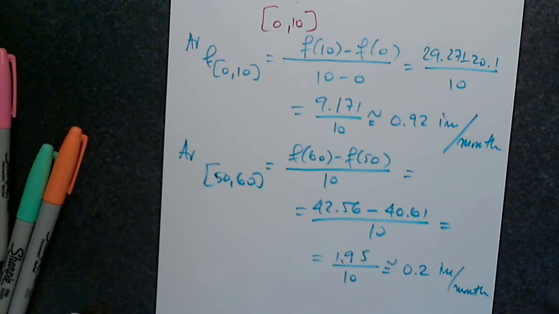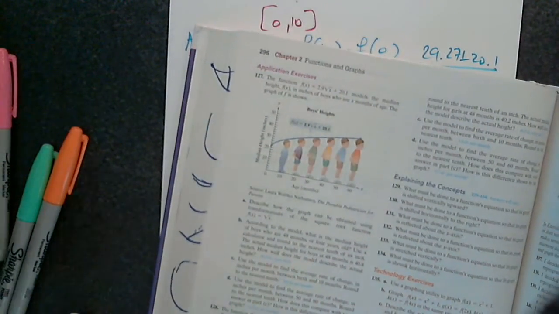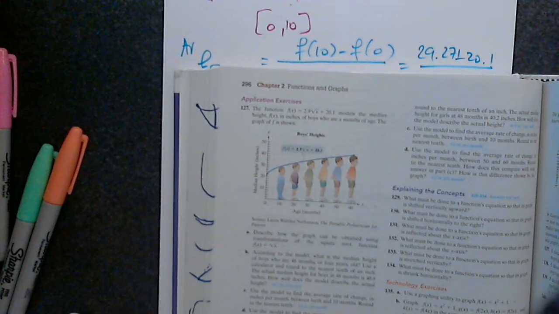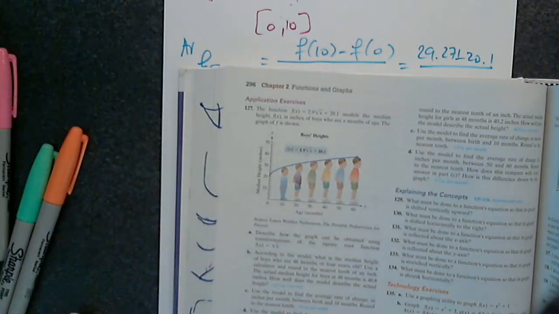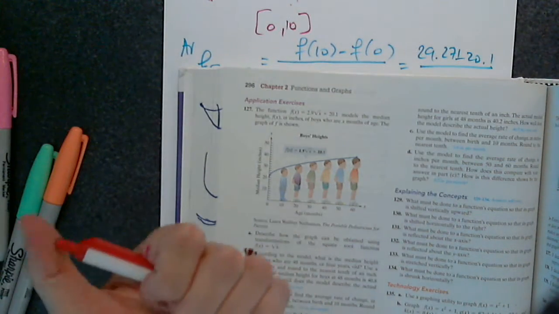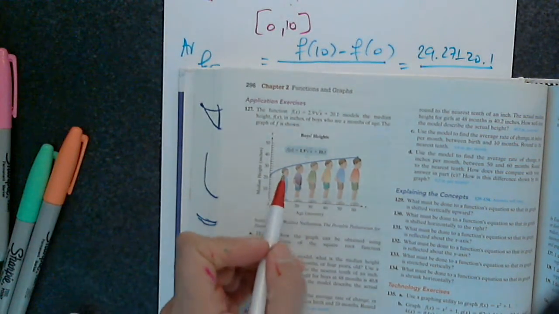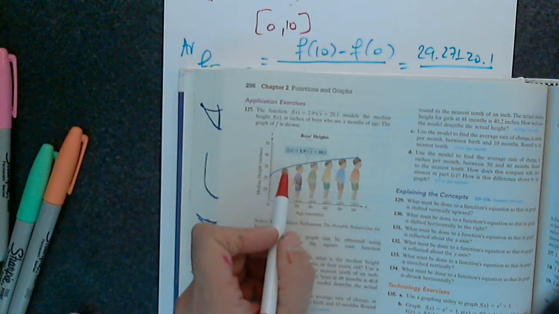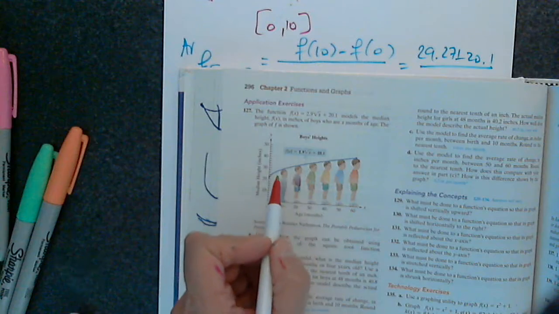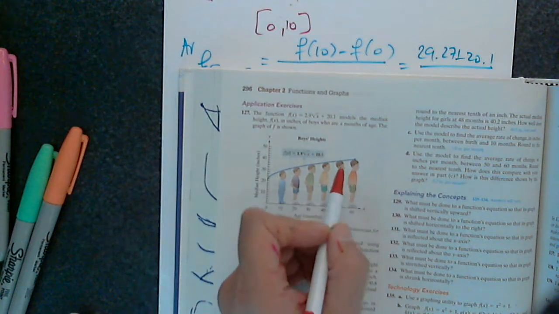So approximately 0.2. Now here's the question. How do you see this difference on the graph? Does it make sense or not? Look at between 0 and 10. Do you see how steep the line is that we determined the slope for? But look at between 50 and 60.